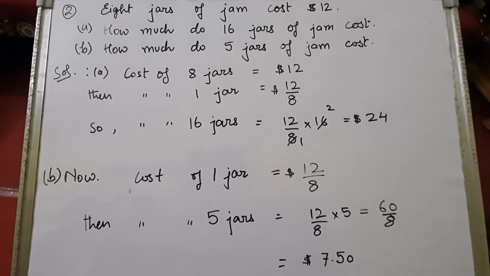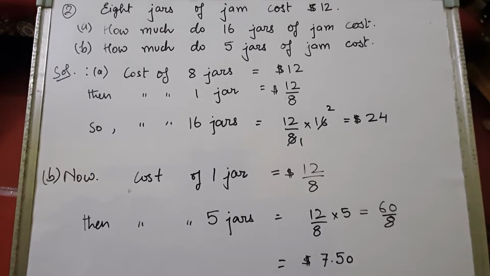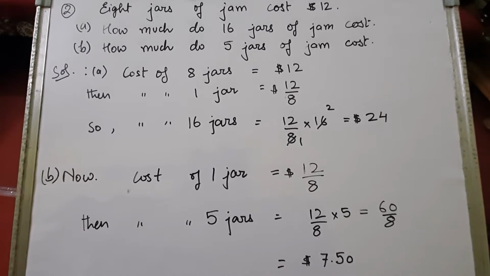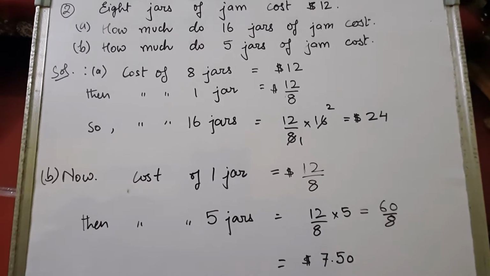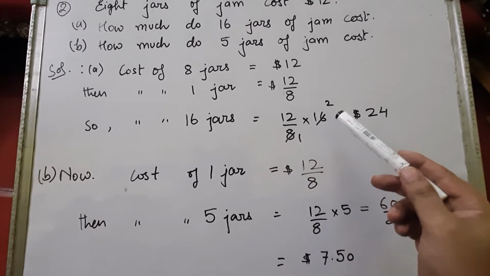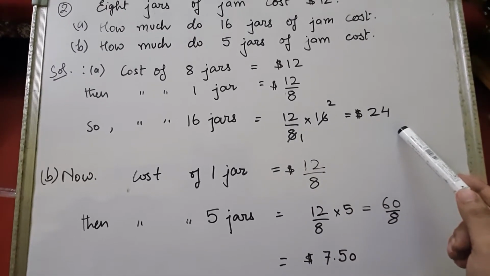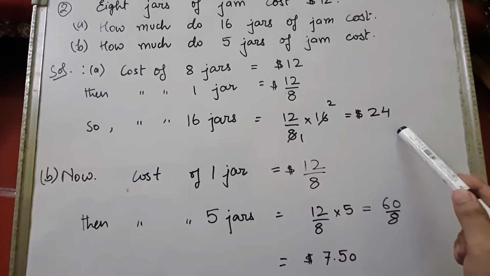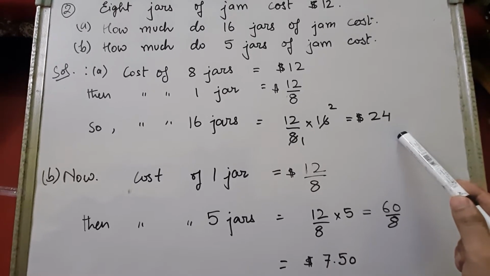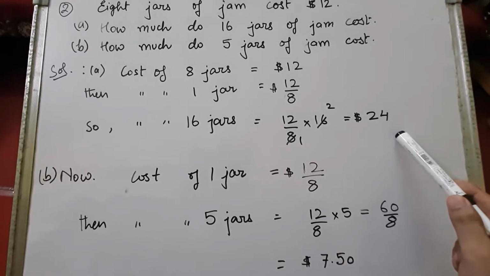So from the condition that they're asking how much do 16 jars of jam cost, the cost of 16 jars will be more. That means 12 upon 8 into 16. That will be 8 twos are 16 and 2 twelves are 24. So this will be $24 is the cost of how many jars of jam? 16 jars of jam, right?